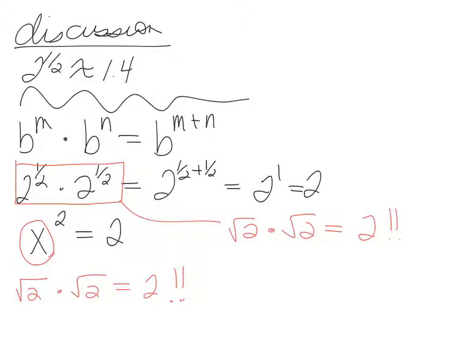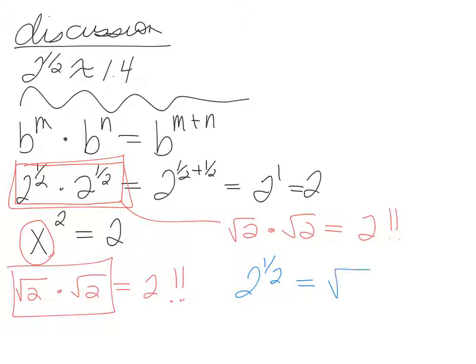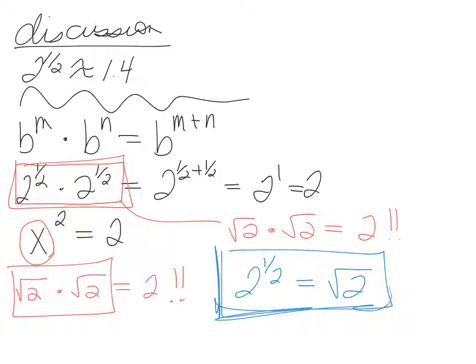Both statements involve multiplying a number by itself and getting 2 for an answer, right? So we know, very important here, that 2 raised to the 1/2 is the same as the square root of 2. Okay, that's what I was getting to. You were wondering where I was going. That's where I was going.